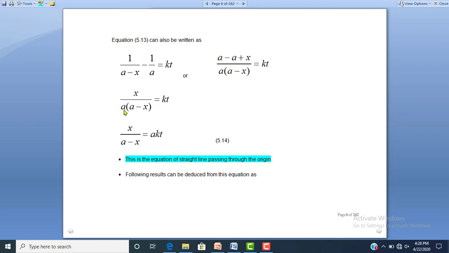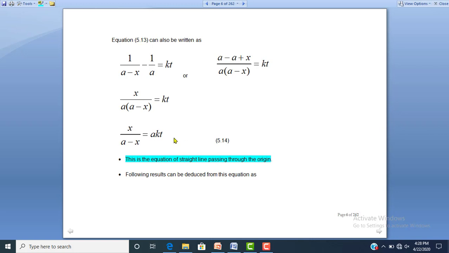And if we multiply by a on both sides, then the a will cancel out on the left and be multiplied on the right. So equation 5.14 becomes x over (a minus x) is equal to a k into t. This equation 5.14 is very simple.